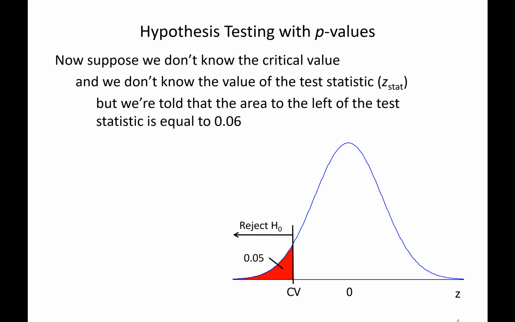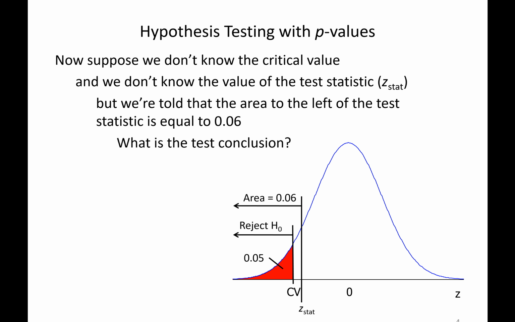So even if we don't know the value of the test statistic, can we make a conclusion for this test? Well, the answer is yes, because the area to the left of our test statistic is 6%, which is bigger than 5%, which is our alpha level, which makes our z value, our test statistic, fall clearly not in the rejection region.